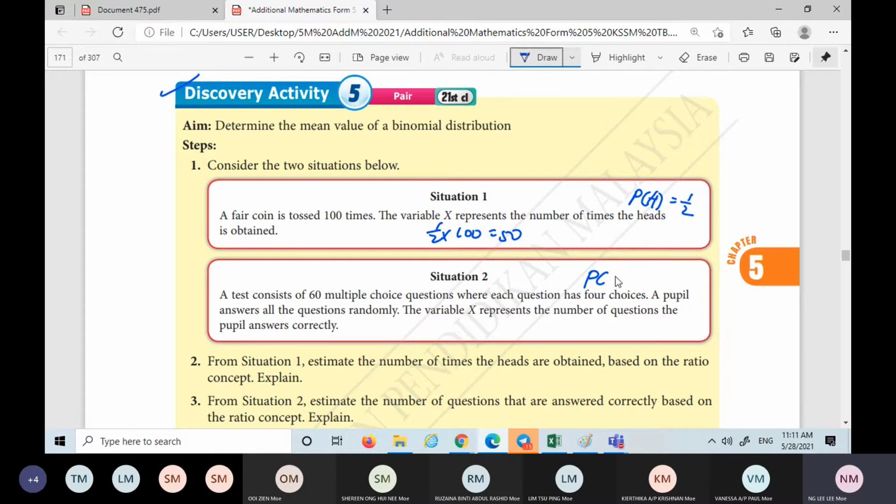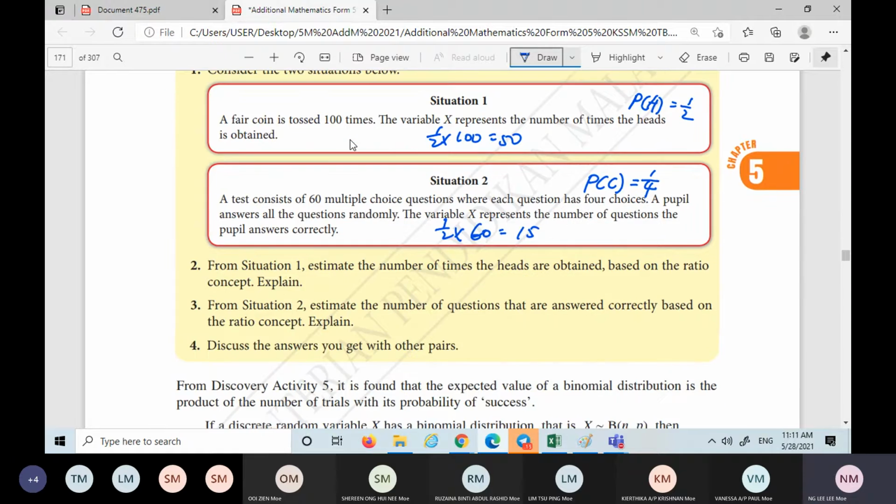Let's say you put all C. The probability for C to be correct is 1/4, because altogether there are 4 choices and C is one of them. So 25%, which is 1/4. You multiply 1/4 with the 60, then you get 15. So this is how we calculate the mean, exactly the same formula.